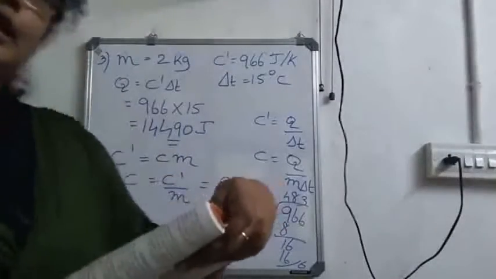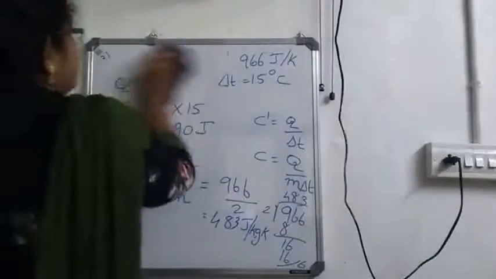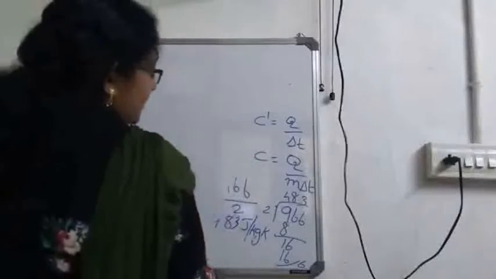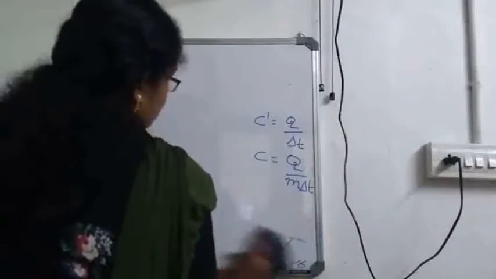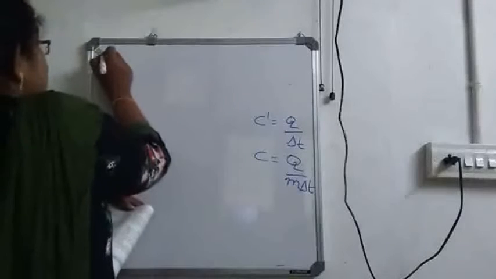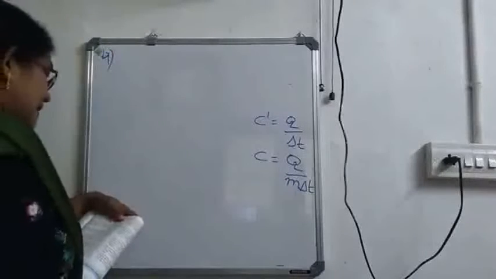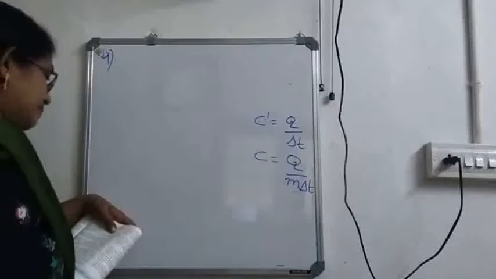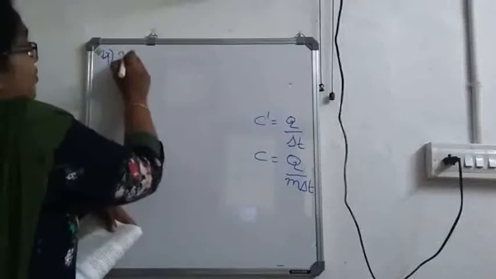Okay. Now, we will move to question number 4. Let those equations be there; we are doing it using those equations. Calculate the amount of heat energy required to raise the temperature of 100 gram of copper.